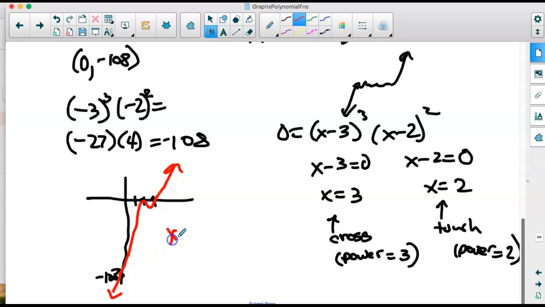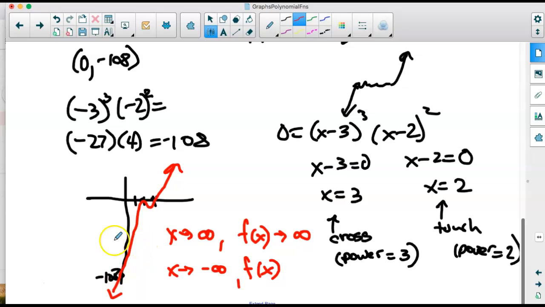As x goes to infinity here, the function is going to go to infinity because it's going up. As x goes to negative infinity, the function is going to go downward, so it's going to go to negative infinity here.